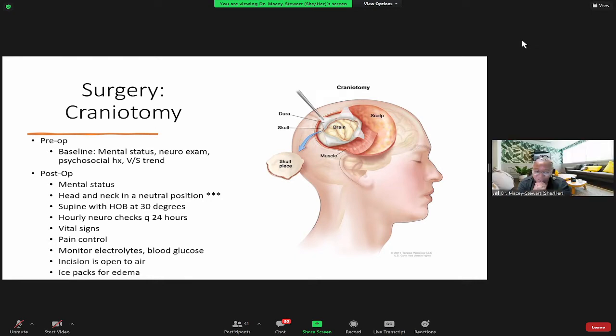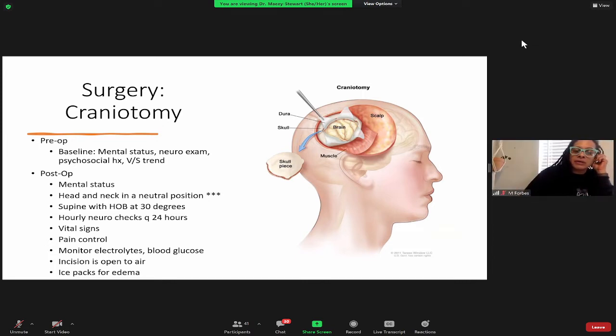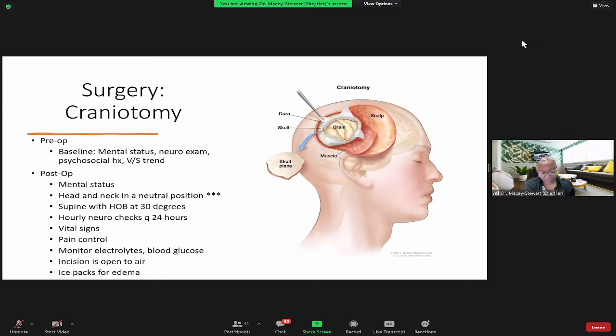So they have to be on a stool softener and a laxative. Because remember, we cannot use NSAIDs to help them with their pain. So our option would be an opiate, which can cause constipation. And the fact that they're not moving.